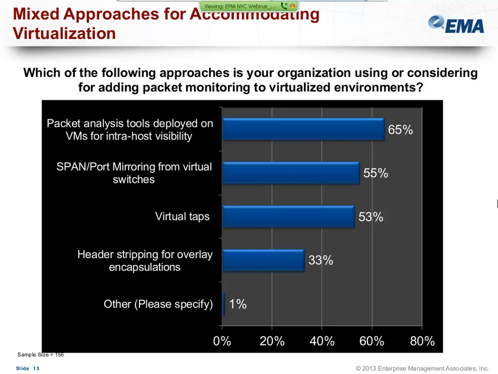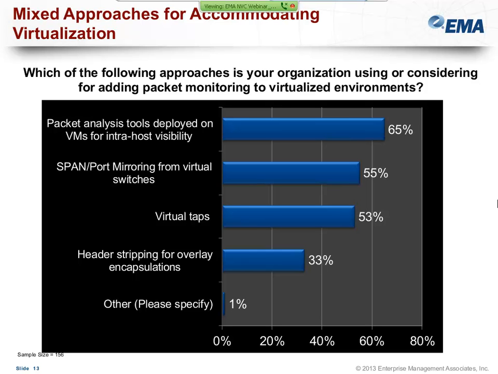Virtual taps as well, slightly different approach, which is instead of using a span or port mirror function from the switch, you actually install a VM or a kernel level library or function like the NetOptics Phantom vTap, for instance, which inserts at the kernel level, draws off a copy of the packet stream and then shares them out a physical port. You still have to consume them out that physical port from the host, in which case you might want an NVC sitting there to collect that and then share it off to multiple tools. So that's still a case where you'd need NVCs.